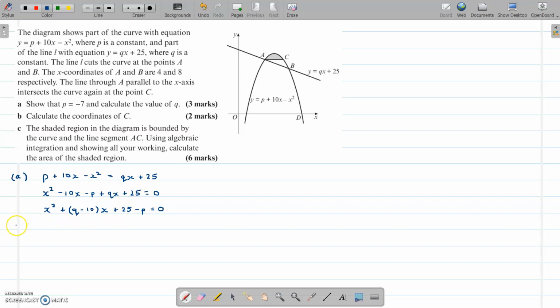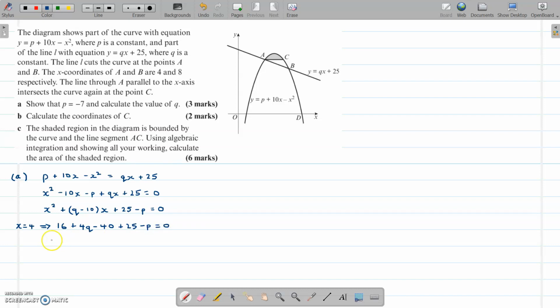So at A we know that x equals 4, so I'm just going to write here x equals 4 implies that, substituting 4 into here, 16 plus, if I multiply this out as I go, it's 4q minus 40, substituting x for 4, plus 25 minus p equals 0.